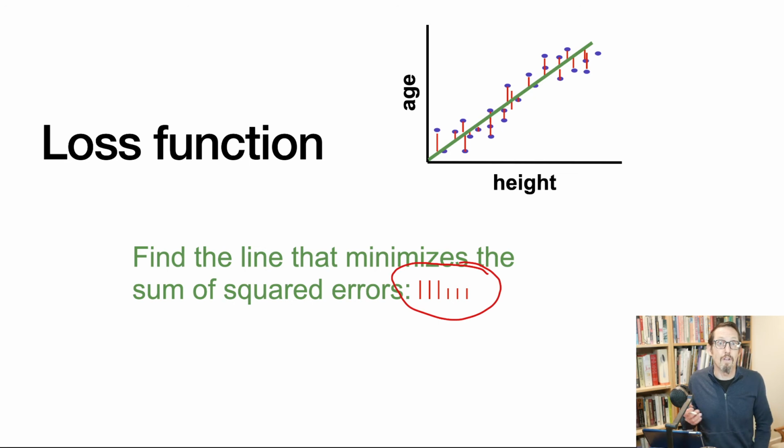So that is the loss function for linear regression. For linear regression, we take the sum of the square of the errors, and that is what we're trying to squish down and make as small as possible to solve linear regression.